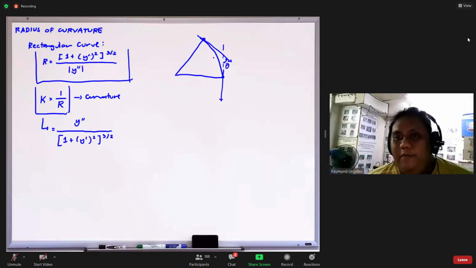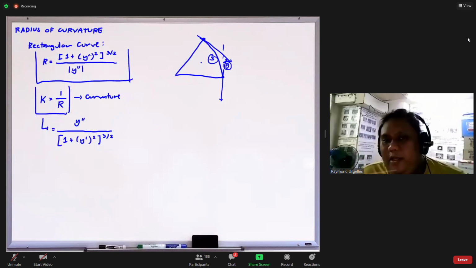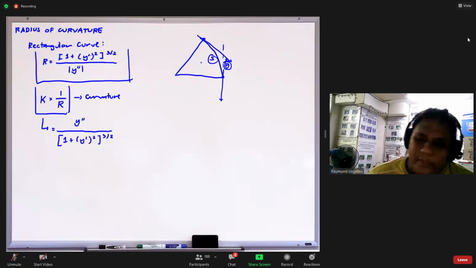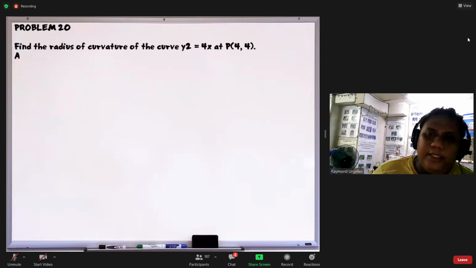Tapos if the arc length is S, then curvature is the ratio between this angle and the arc length. Kaya dyan pwedeng ma-derive yung equation ng curvature saka equation ng radius of curvature. Okay? So any questions para dito? So then, let's try this problem.